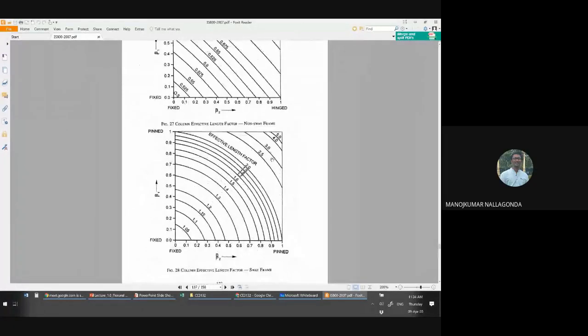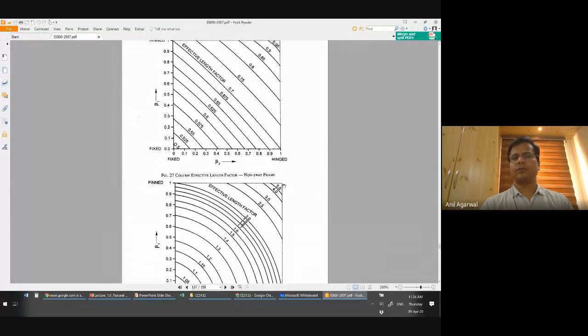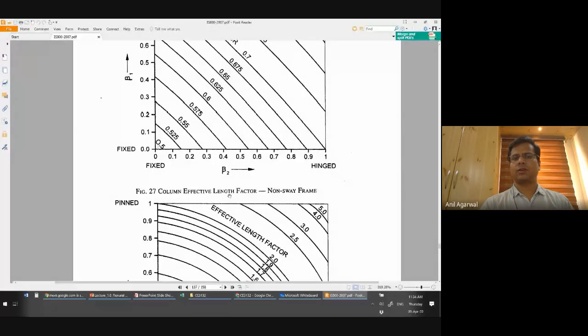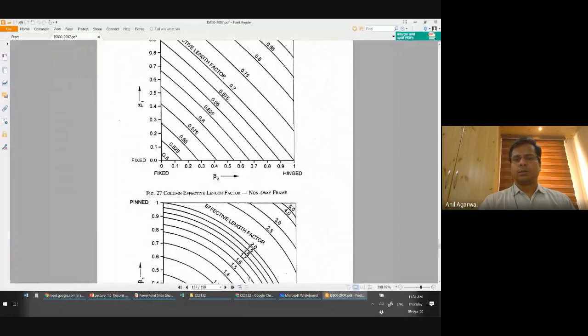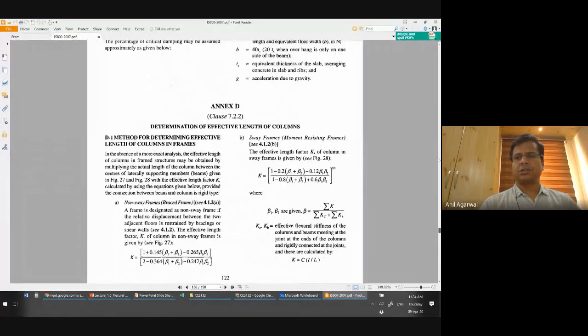Yes, sir. Okay, so you know that the K value can vary basically between 0.5 to infinity, right? This is the smallest value of K, and this can be the theoretical largest value of K. Now for beams, however, the boundary conditions are slightly more involved.